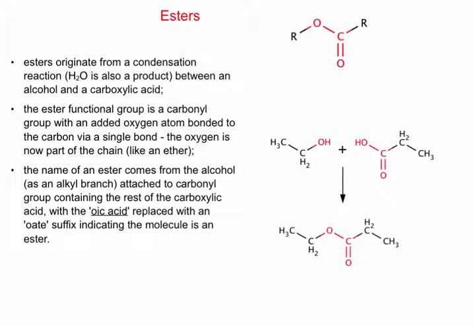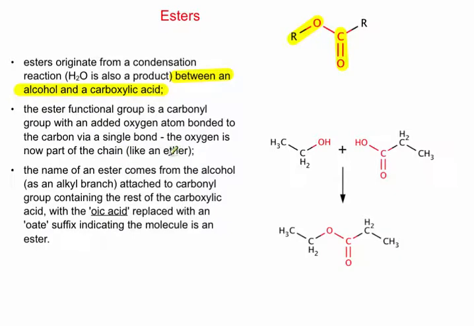So esters, first of all. As I mentioned, the esters with their functional group, the C double bond O, originates with a carboxylic acid. This O and the rest of the chain originate with an alcohol. And so an ester is formed via a condensation reaction between a carboxylic acid and an alcohol. And that really gives us a lot of guidance in trying to name them.